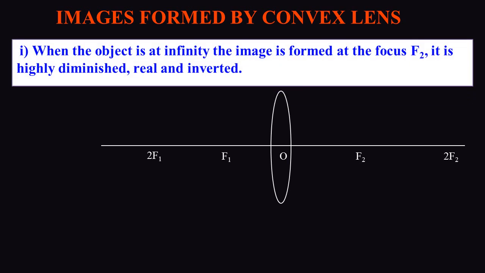Image formed by convex lens. First one, when the object is at infinity, the image is formed at the focus f2. It is highly diminished, real, and inverted.